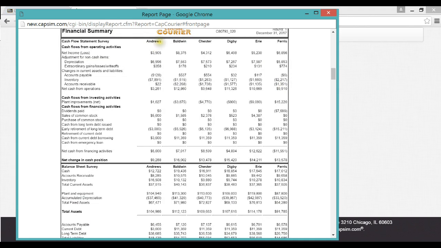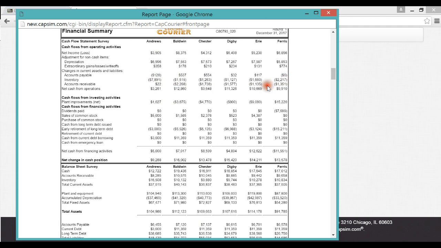So, here's my company, and I'm basically going to go through this and compare with all my competitors and look for anything that looks strange. So the first one that I see is here. I have 7.89 million in inventory, whereas all my competition has only a little over a million.